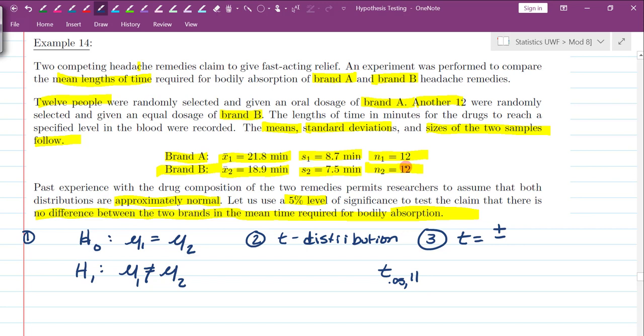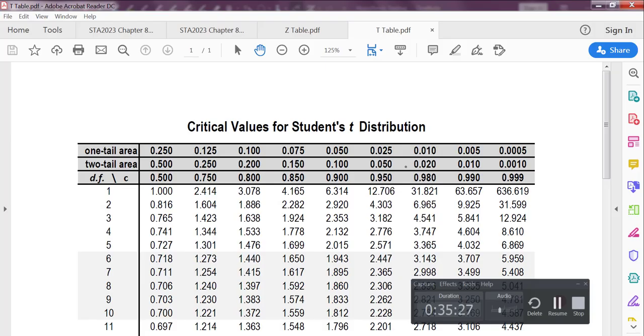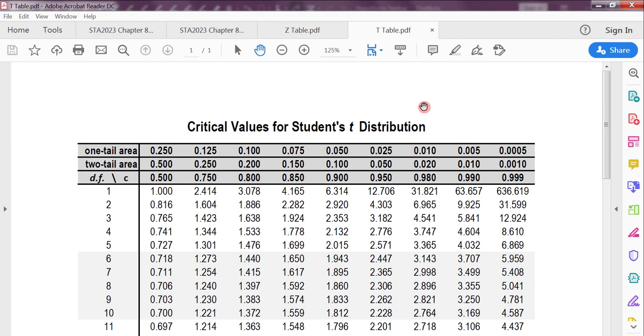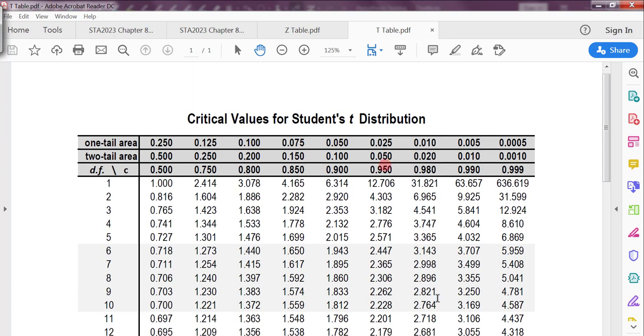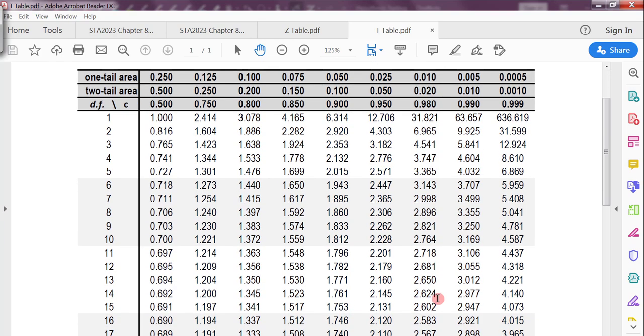So we're going to come over here to the t-table. We have a two-tailed test, so we're going to be looking right here at two-tailed test, alpha equal 0.05, and 11 degrees of freedom. 2.201 is going to be our critical value.